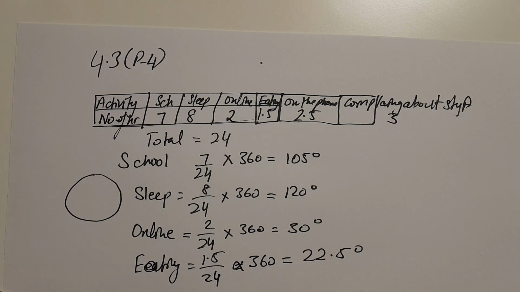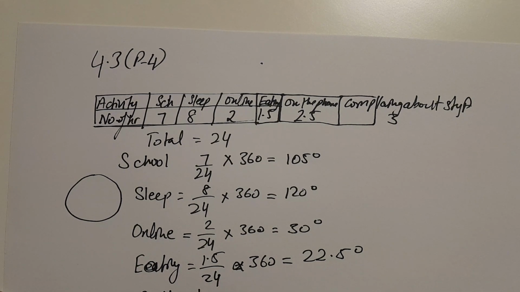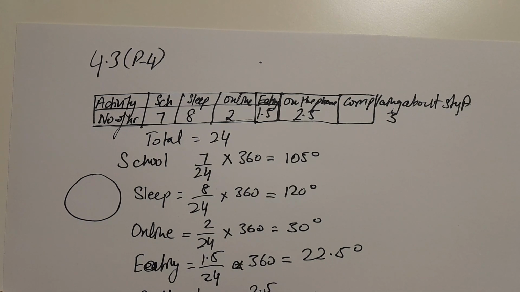Then on the phone, it is 2.5 divided by 24 multiplied by 360, that is 37 and a half.